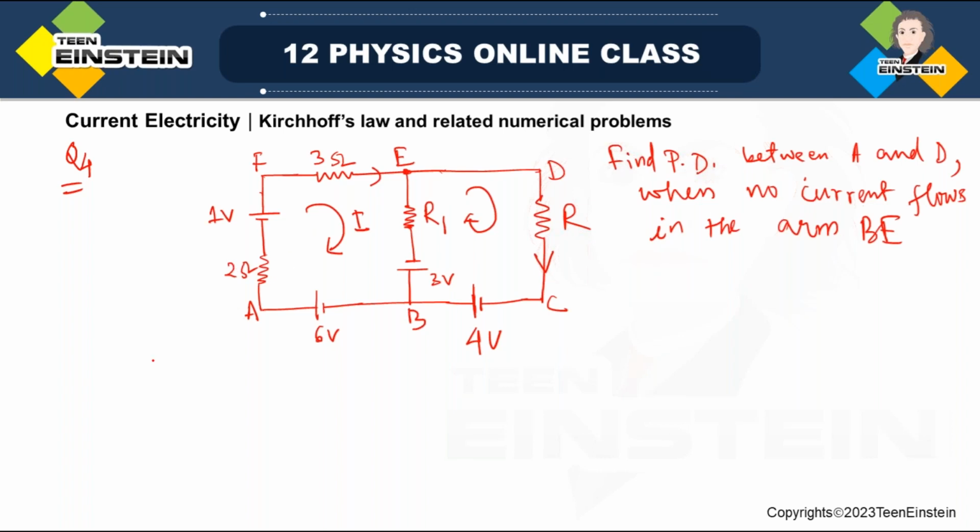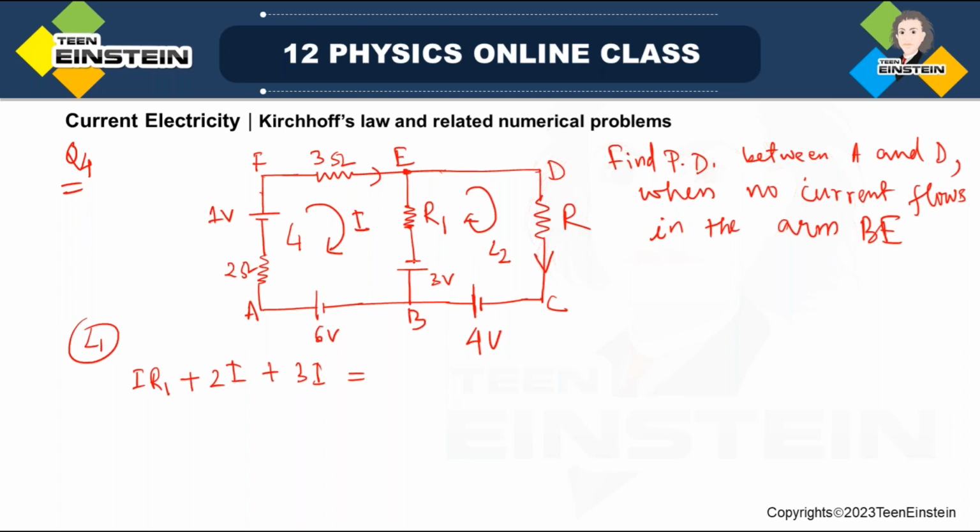So in this, I'll write this is loop L1 and this is L2. For the L1 loop, I'm just going in this way. So I current is flowing, I have taken already. So look, this is IR1 plus 2I plus 3I.